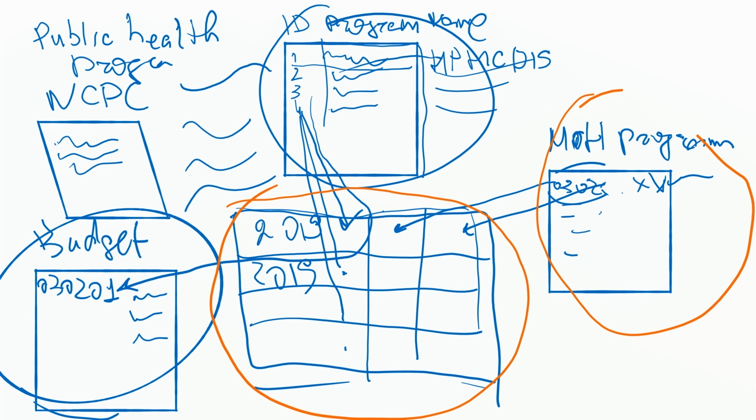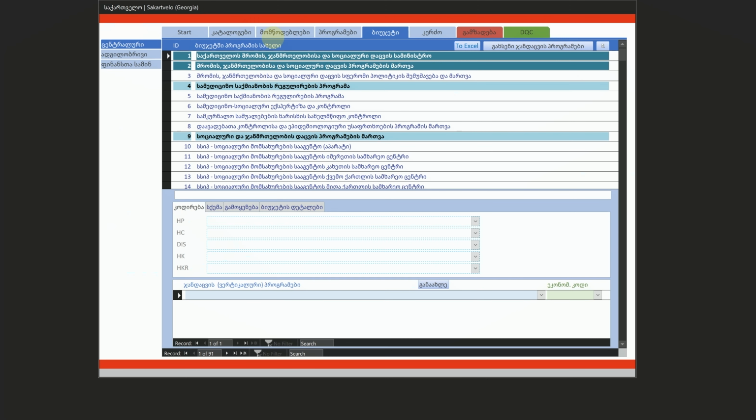Now let me explain how this concept is implemented in the tool. Let me remind you where the programs are located in the tool. This is the place where we keep central and local budget programs. So that's the budget, and this is the central program.